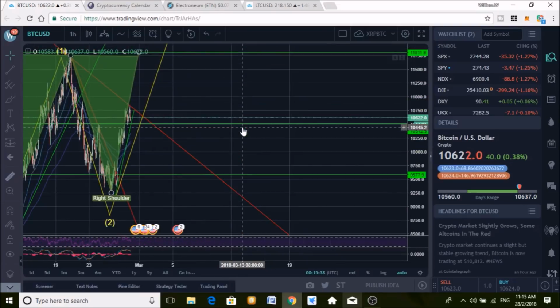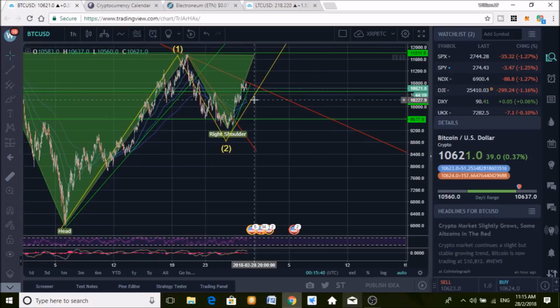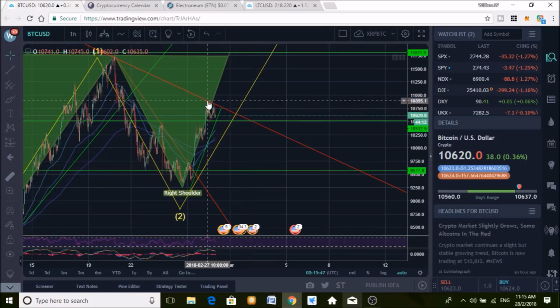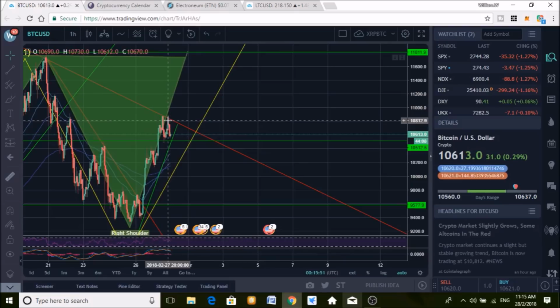So let's zoom in here. What we can see is yesterday we actually touched the downtrend line here and here 2 times, and both times we got rejected on the same 1 hour candle. And now we are back trading around $10,600.